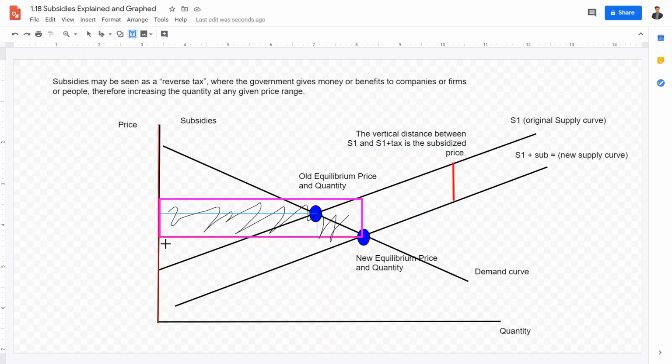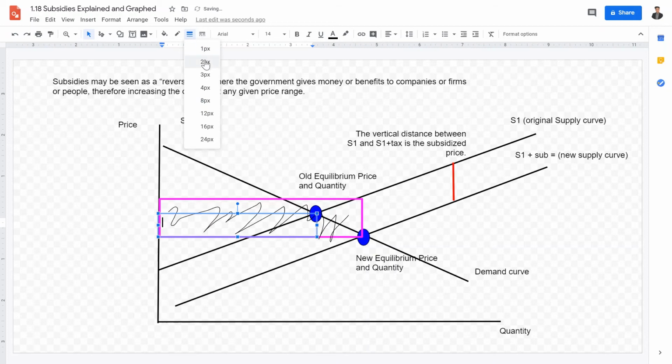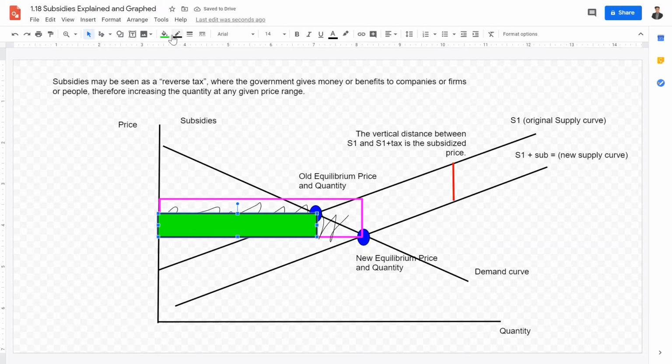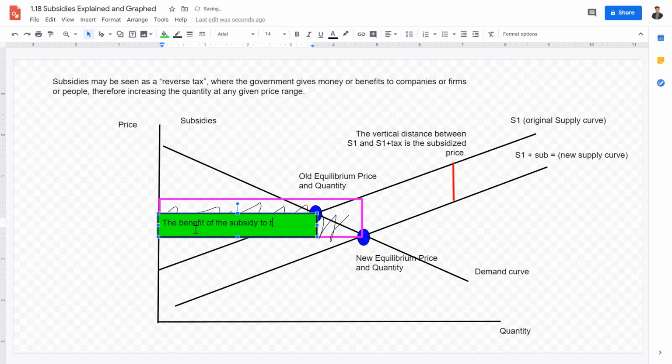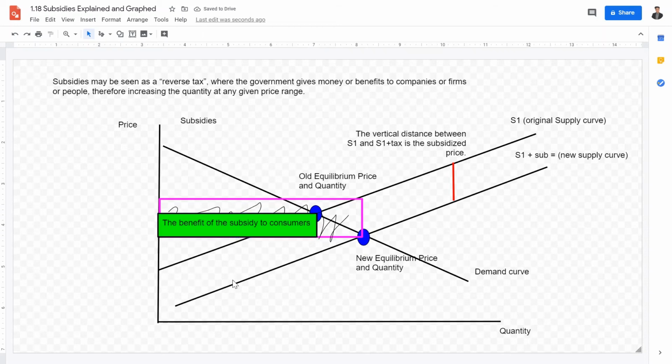This box right here, I'm going to make this a green box. What does this green box mean? This green box refers to the benefit of the subsidy to consumers. So the green box refers to the benefit of these subsidies to consumers.